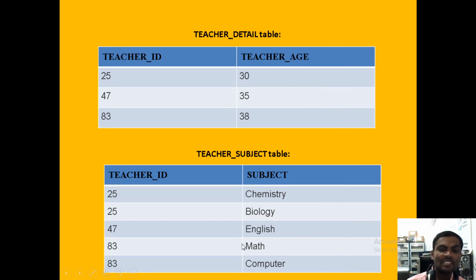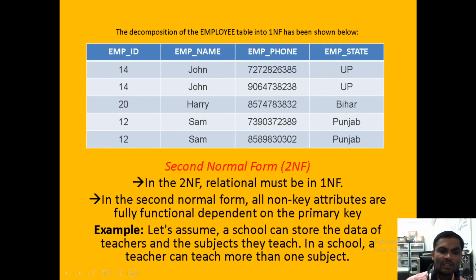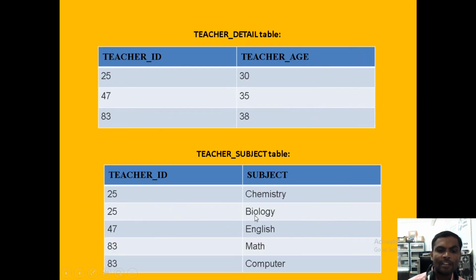As per the rule of the second normal form, if you want to convert to the second normal form, first we should convert to the first normal form, converting to atomic values. After converting to atomic values, next we go for the rule of the second normal form: non-key attributes are fully functionally dependent on the primary key. Non-prime attributes are non-key attributes.